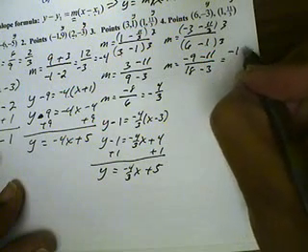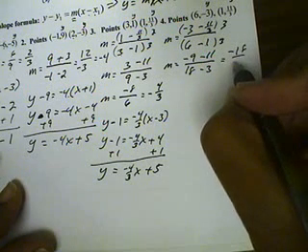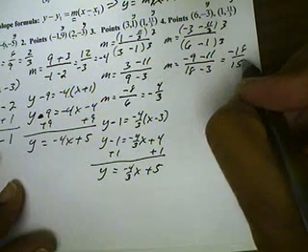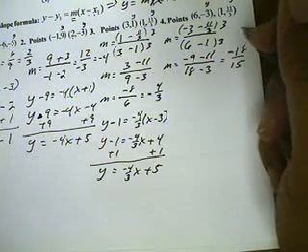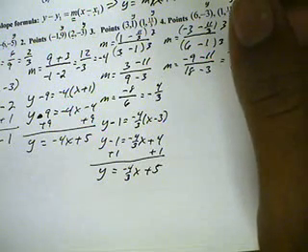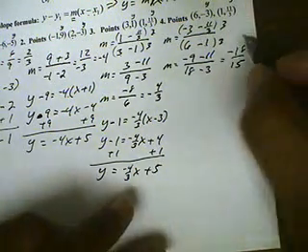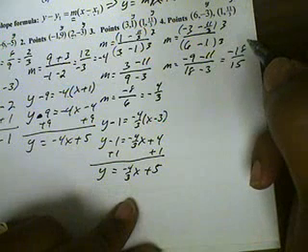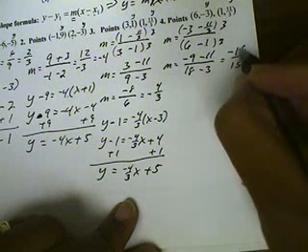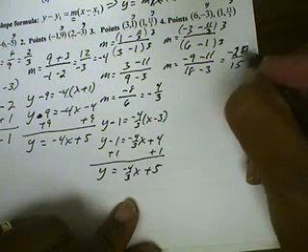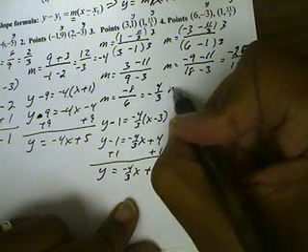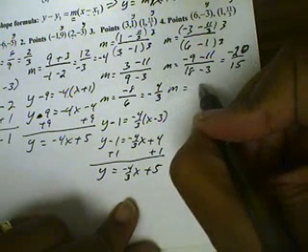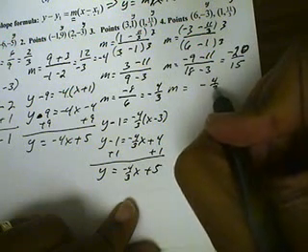This all makes negative 18 over 15. Now from here, we're going to reduce this. Sorry, that's negative 20. My fault. Negative 20 over 15. And that will reduce down to negative 4/3.